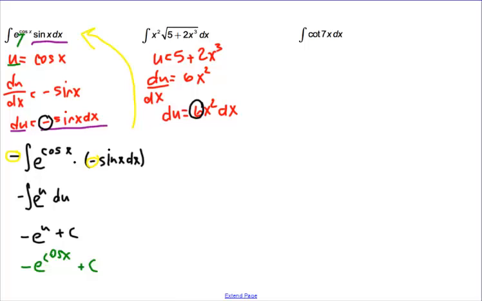So watch, here we go. I'm going to add my 1/6 here, and then I'm going to have the indefinite integral. Okay, can you see it now? Of du dx, which is the 6x squared dx part, the du part, times the square root of u.